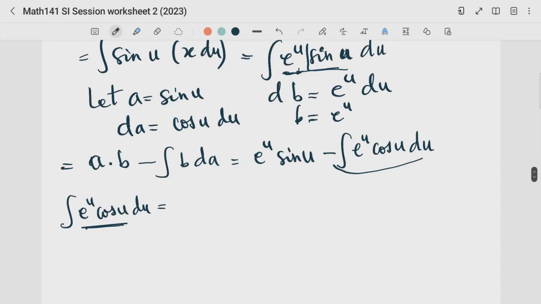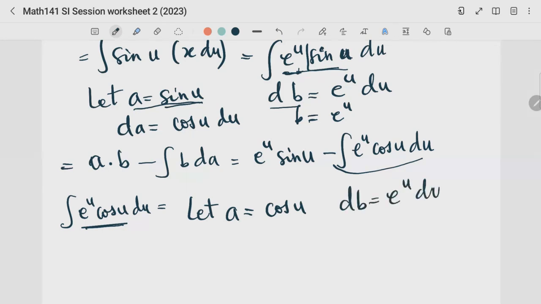What I mean by that is, before we let our a be equal to sine u, so for the second integral we'll also let our a, I'll still use a because it doesn't make a conflict, be equal to cos u. So our a will remain the trigonometric function, and our db will be the exponential, e to the u du.